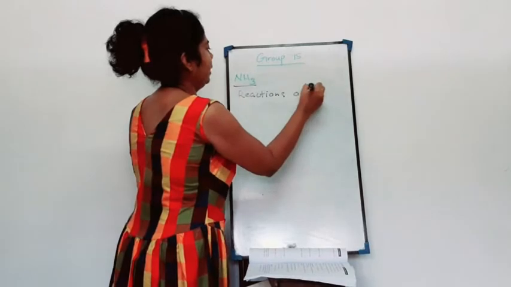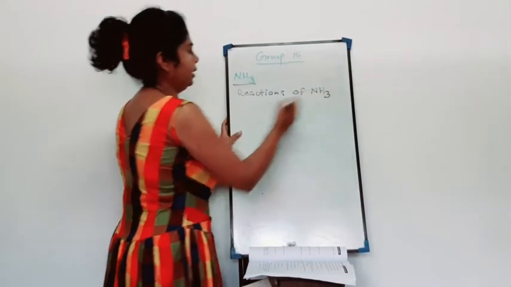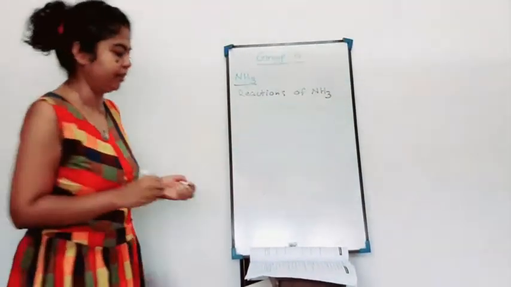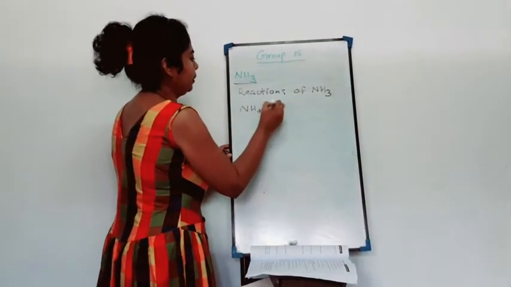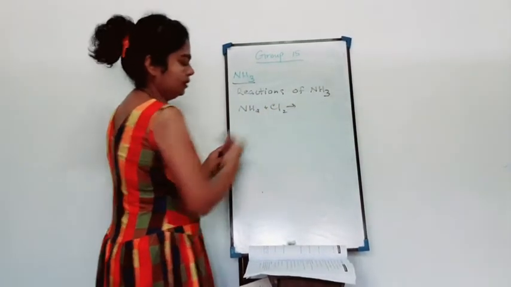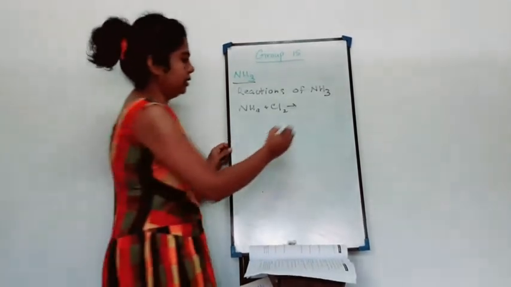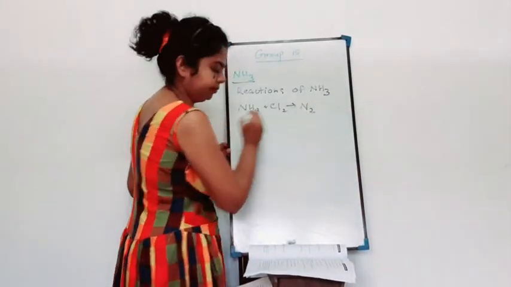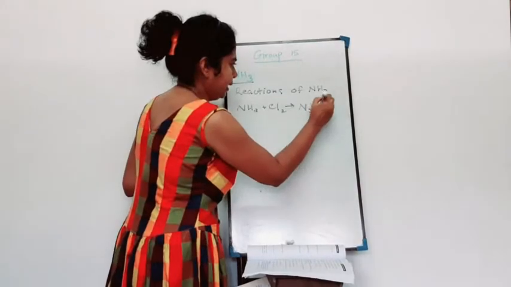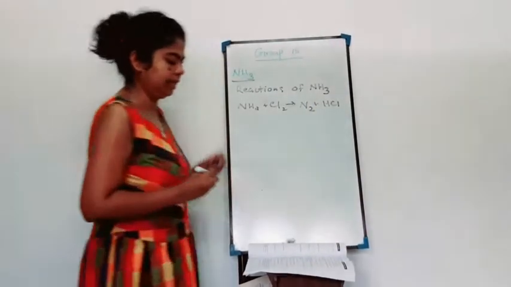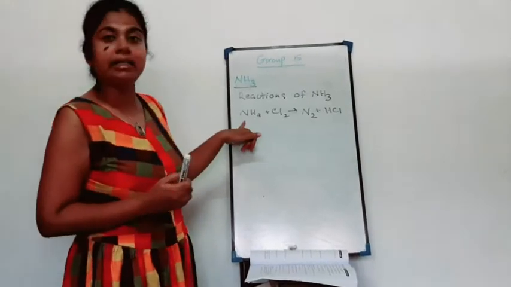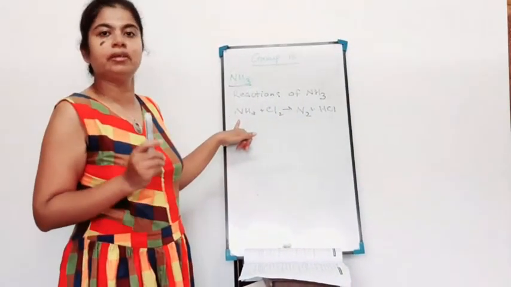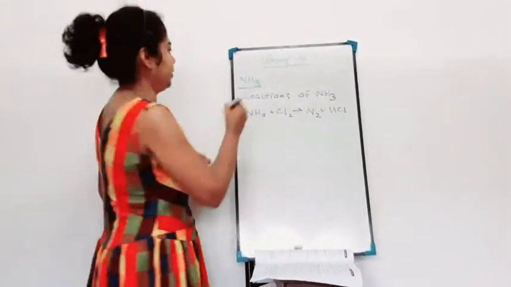Now we come to the reactions of NH3, right? Reactions of NH3. Ammonia can react with chlorine and produce nitrogen gas and HCl, but with an excess of ammonia, it is special.